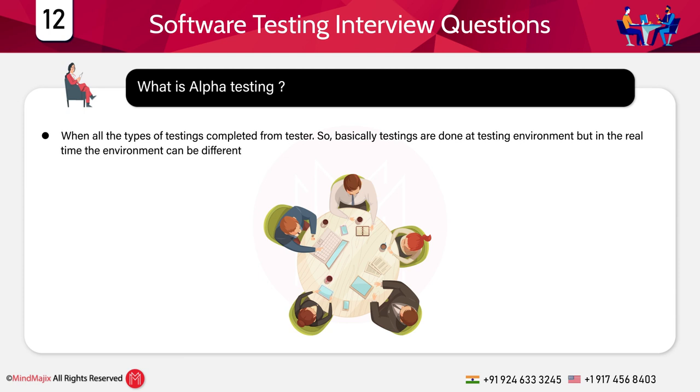Just to make sure that the code that is written has no problem when it goes to a different actual server, we will always have one actual server in the testing environment itself, which is exactly the same as the production environment.